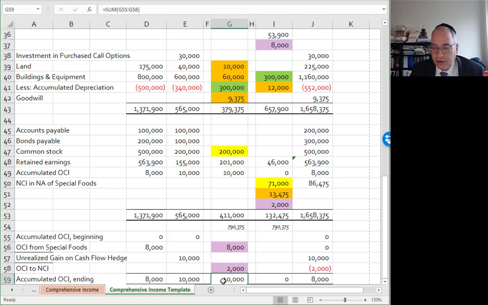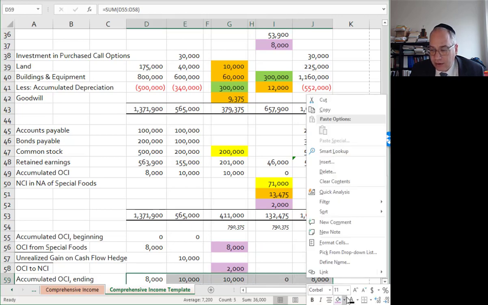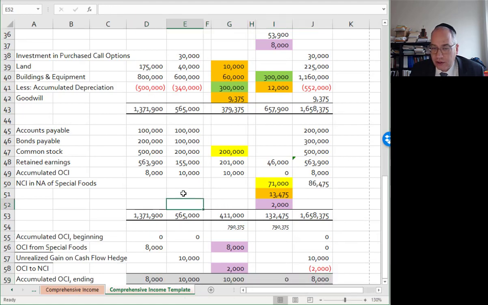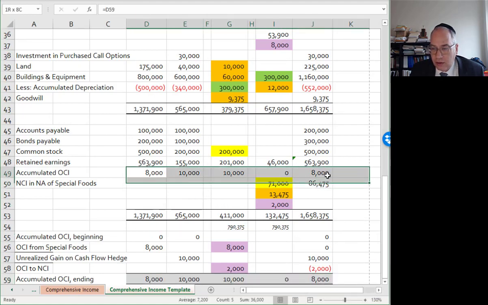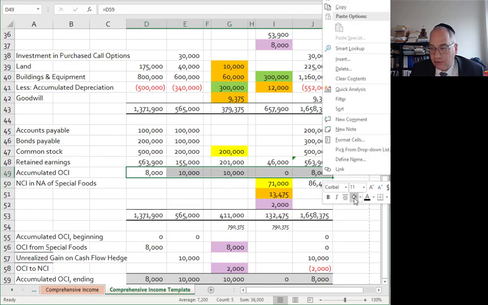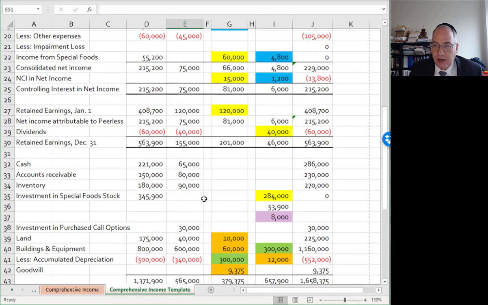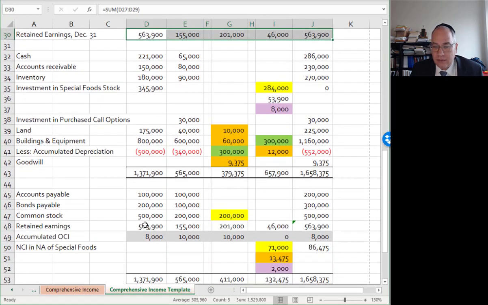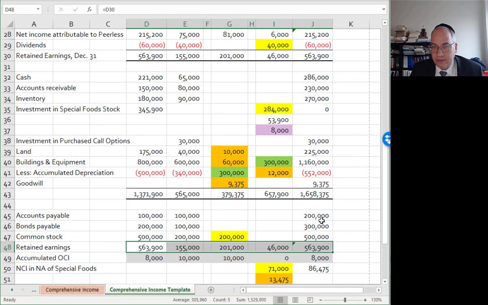One other thing I should note, in the mechanics of the spreadsheet, is that the total accumulated OCI is going to flow through to the balance sheet very much the way retained earnings flows through to the balance sheet from the statement of retained earnings. So if you remember, this row here flowed down to here, like so.